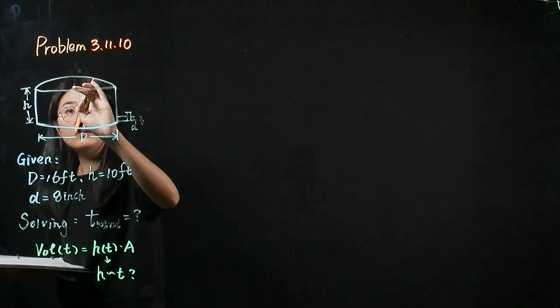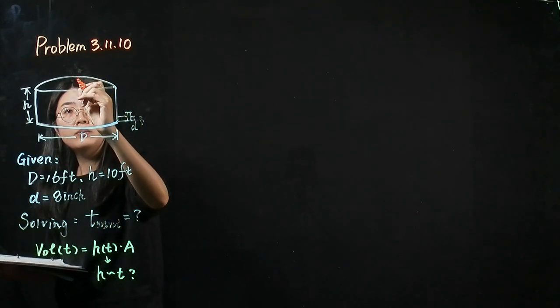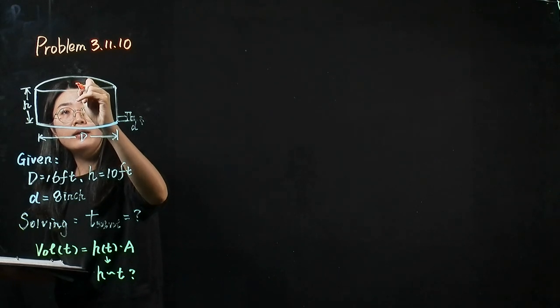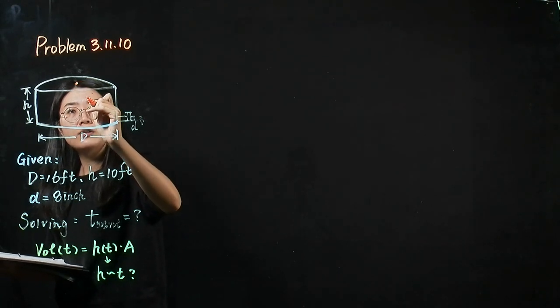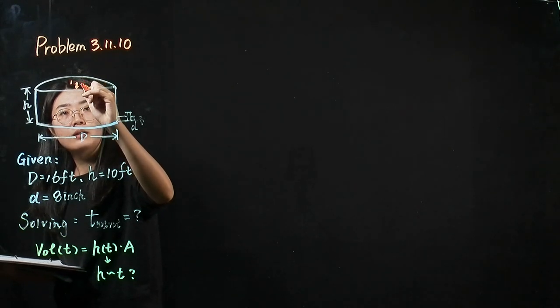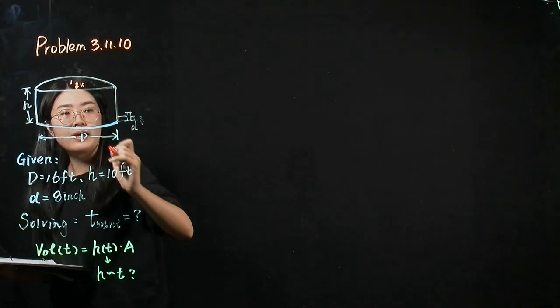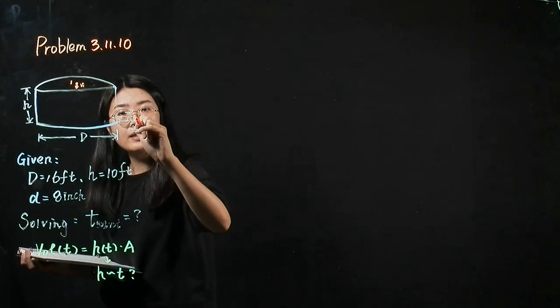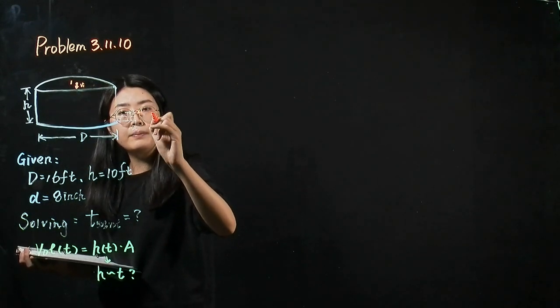First of all, we want to pick 2 points. Point 1 is at the surface of the water, and its velocity is in this direction. Point 2 is at the outlet of the pipe.